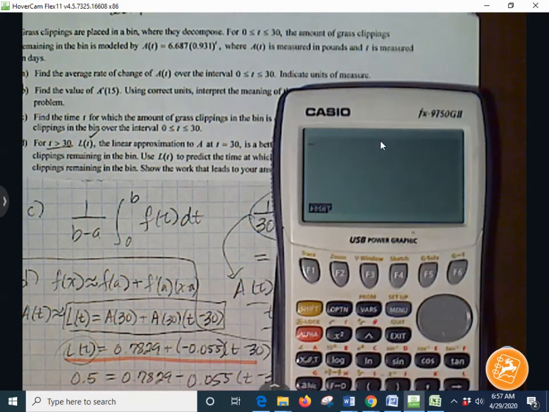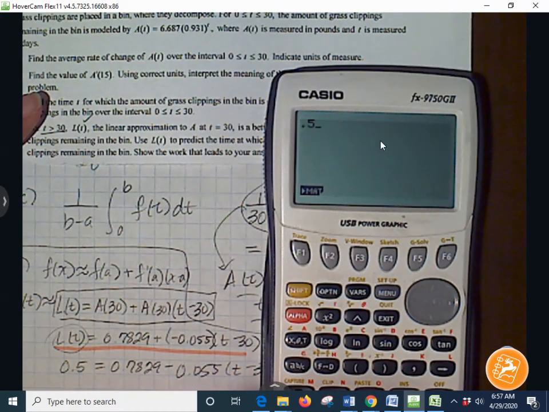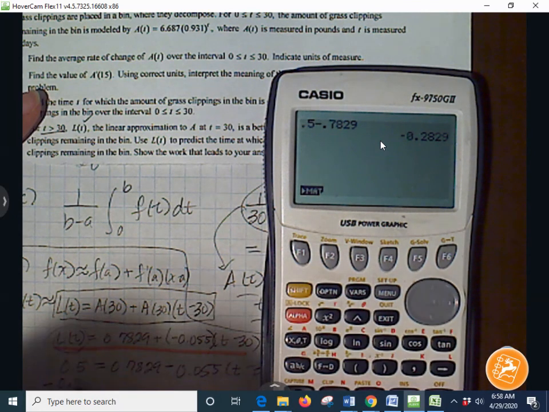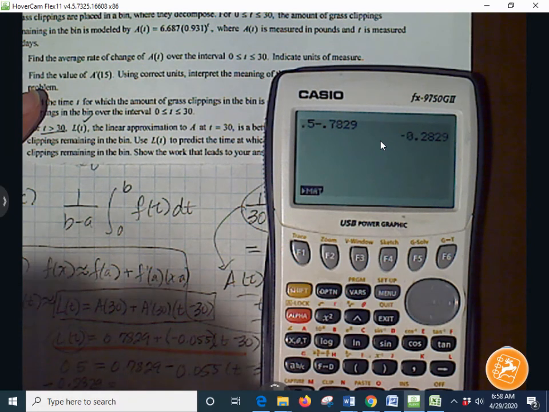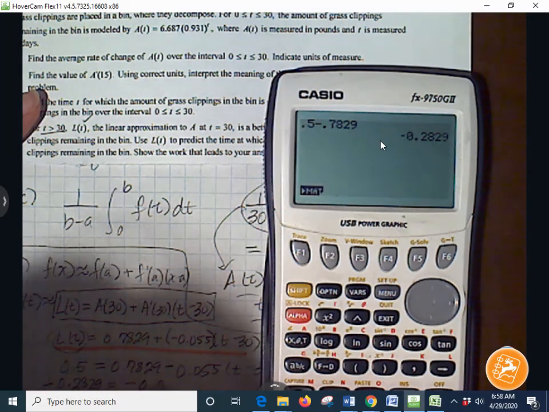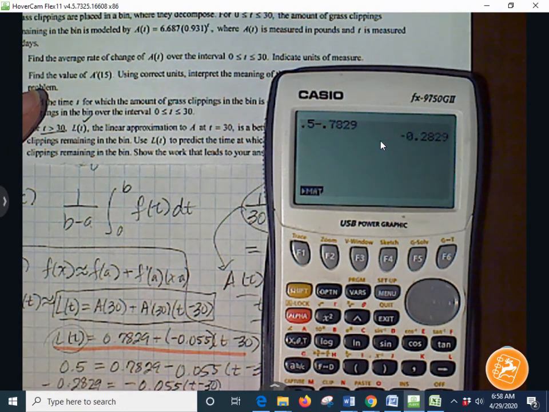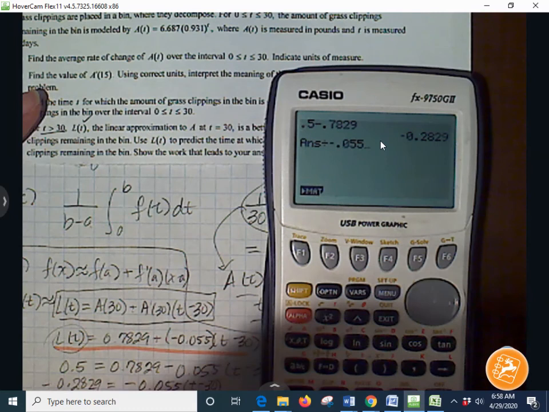All right, so I have 0.5 minus 0.7829, which is negative 0.2829, equal to negative 0.055 times t minus 30. Then I'm going to divide by negative 0.055.